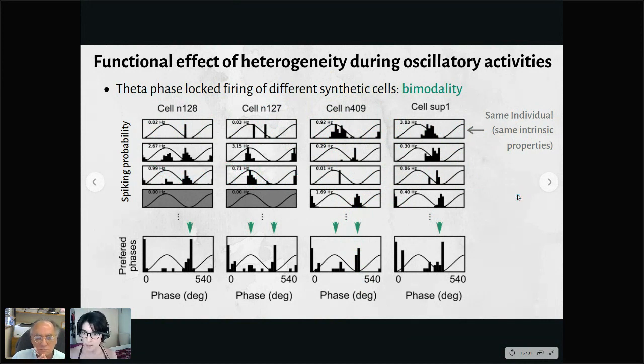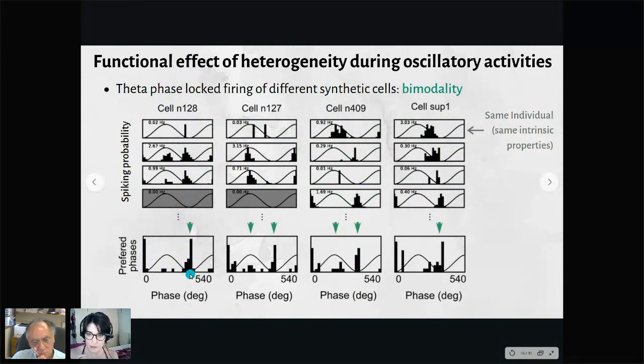Another way to see this more compactly is taking the preferred phase, that is computed as the maximum of each of these histograms across the different morphologies, and see what the histogram of the preferred phases for each morphology looks like. And here are the results.